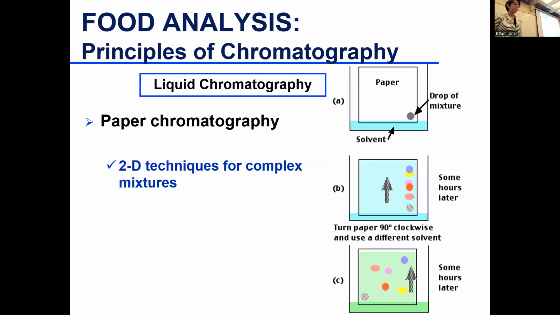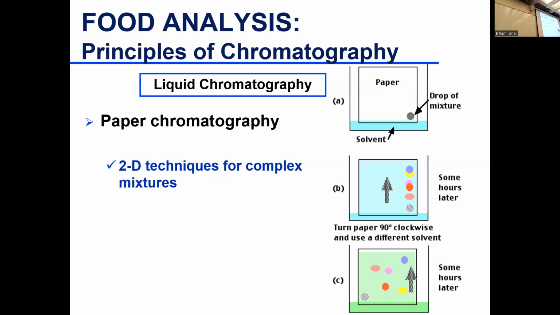You can also have this method in 2D, two-dimensional. You choose one phase, the sample is here, and you get components separated. Some of the components are only partially separated. You have these two dots not separated well, and these two dots not separated well. They have close affinity to the mobile and the stationary phase, so their partition coefficients are very close under these conditions.